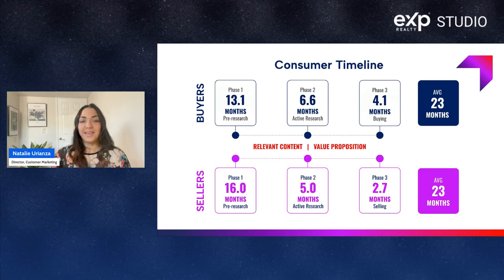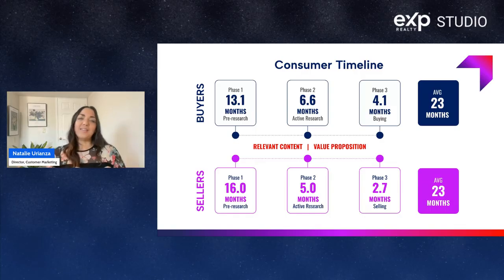You're the expert. And you can also see, in my middle phase here, you've got relevant content sort of to the left, and then you've got your value proposition to the right. The closer they get to phase 3, which is ready to transact, the more they are ready and willing to hear your value proposition. Up until that point, they don't really care about your expertise or how long you've been in real estate or what you know.